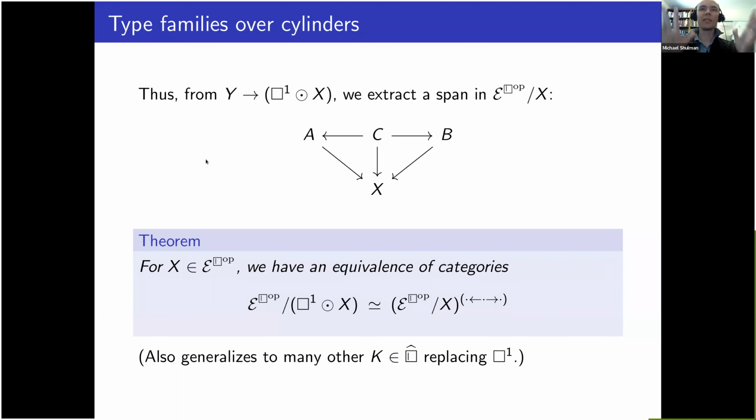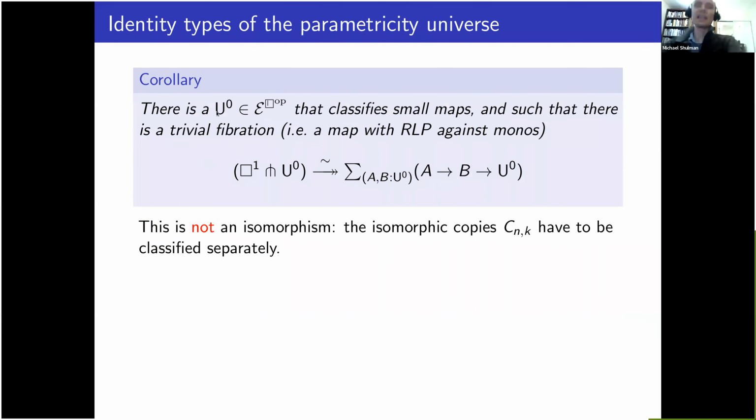So why did we care about this? We cared about this because we wanted to say something about paths in the universe, which will correspond to maps into the cylinder. It turns out what we can extract out of that is that we can build a particular universe object that classifies arbitrary small maps, and that relates paths in the universe to the type of spans, which you can alternatively write as a type of correspondences.